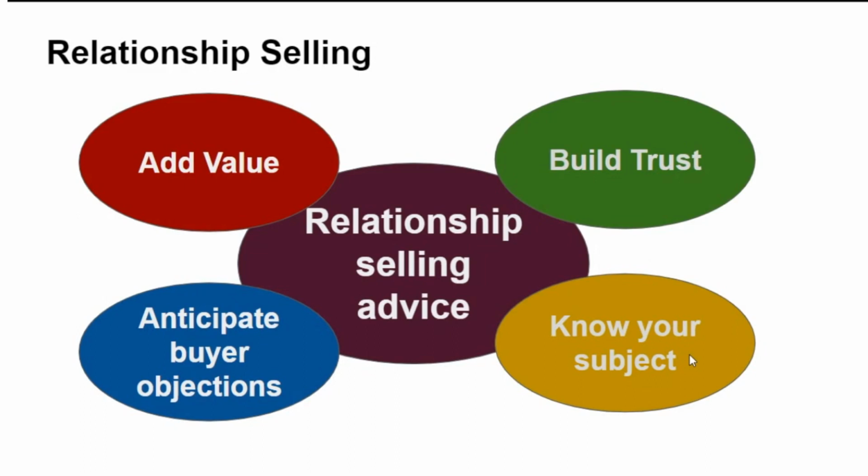Also, if you're going to sell them something that's more expensive or it takes longer to get, they're going to object. They're going to say, no, I don't want to buy that because. If you can anticipate, because you're familiar with them, their potential objections or potential issues, you can think about and address those long before they ever come up. Again, relationships allow us to anticipate someone's needs and be able to meet those needs in advance.